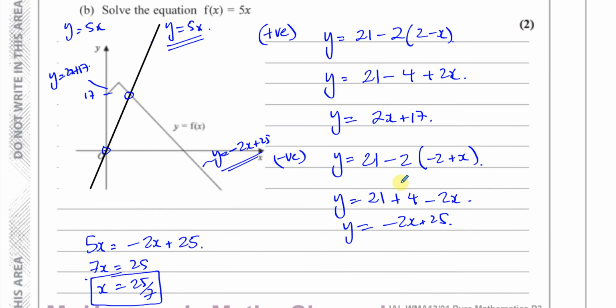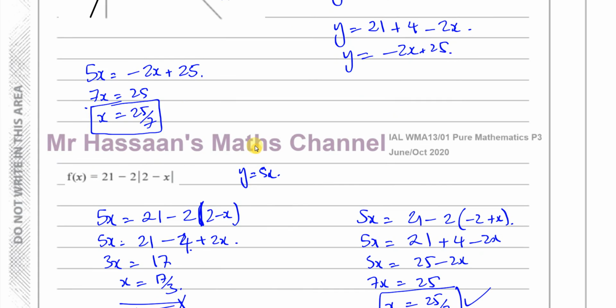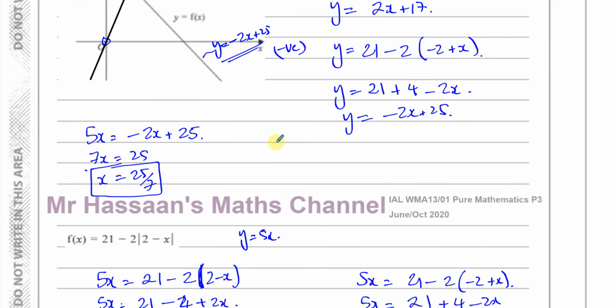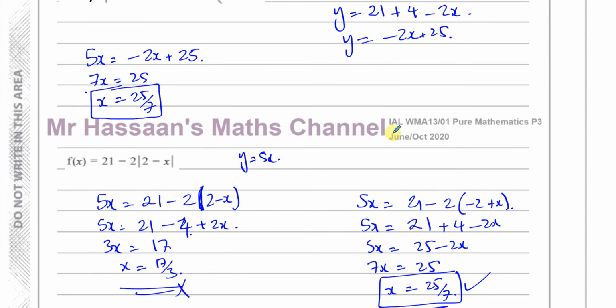So personally, I think by looking at it graphically, it's far easier to solve such a question. And that's something important. Now, one of the students whose work I was marking when I set this paper did something which was incorrect. He said, let 21 minus 2 times the modulus of 2 minus x equal 5x and then equal minus 5x.